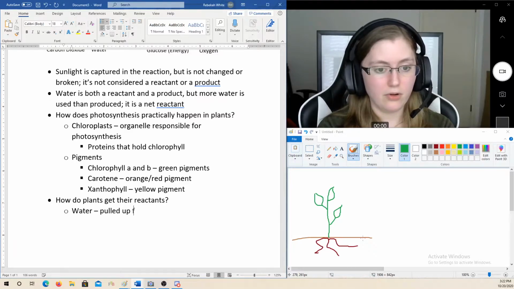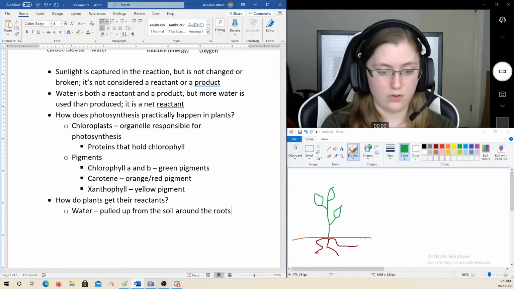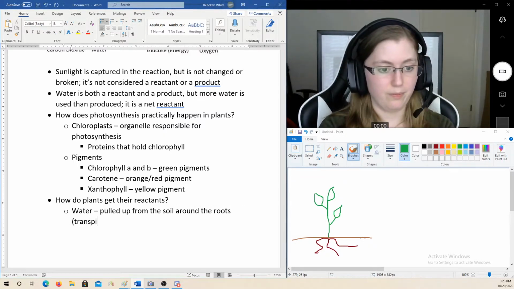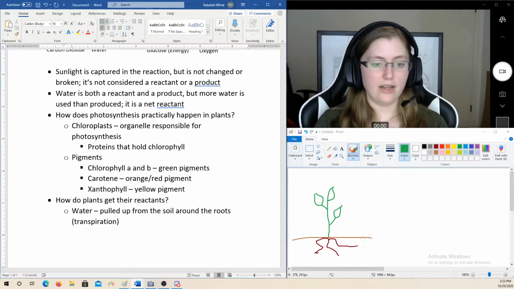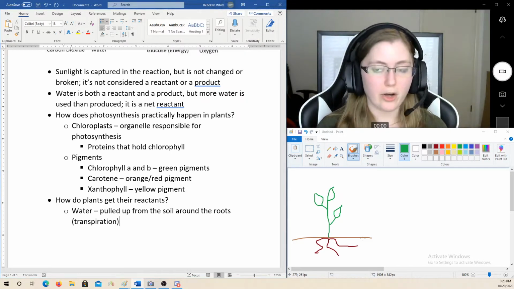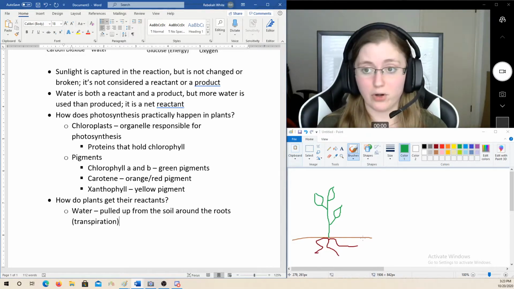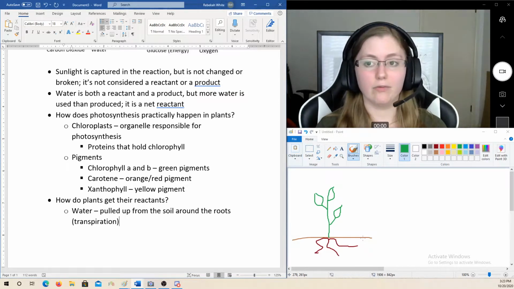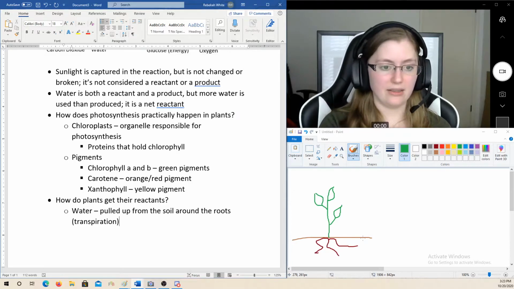Pulled up from the roots, from the soil around the roots. Right? So it's coming up from the soil. That can come from you watering your plant, that can come from the water table in the natural soil, that can come from rainwater, anything like that.